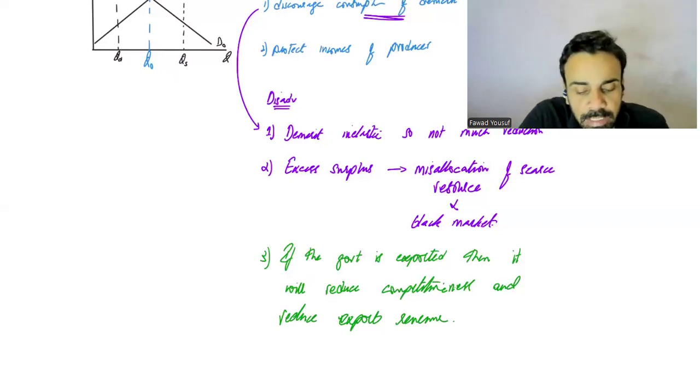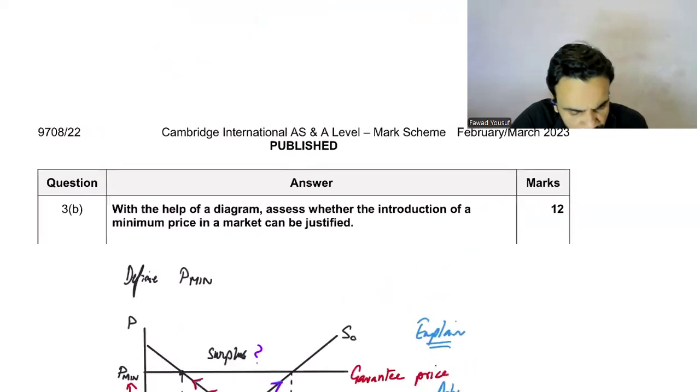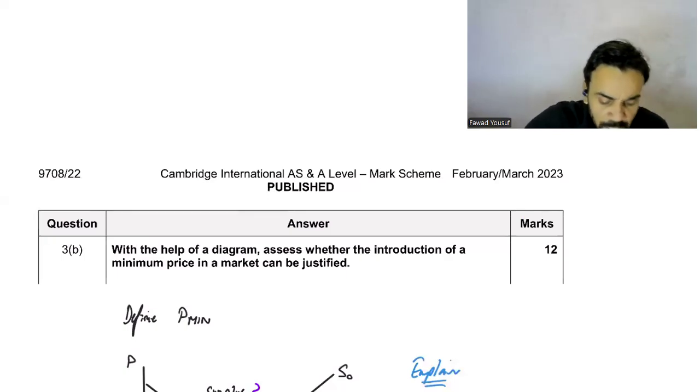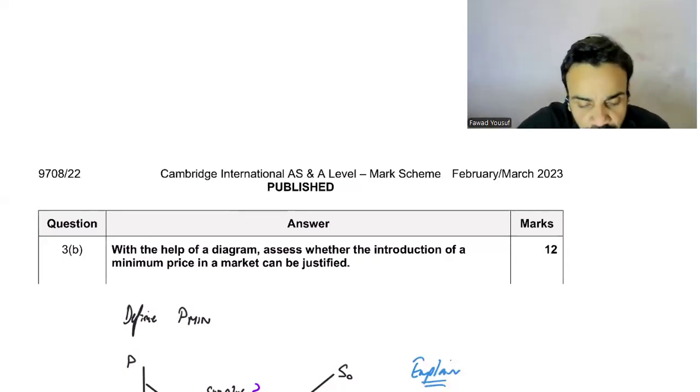Now that we've done counter arguments, we can go for evaluation. Evaluation के अंदर आपने किस चीज की बात करनी है कि whether, let me go back to the question and read the question. With the help of the diagram, assess whether the introduction of a minimum price in a market can be justified.